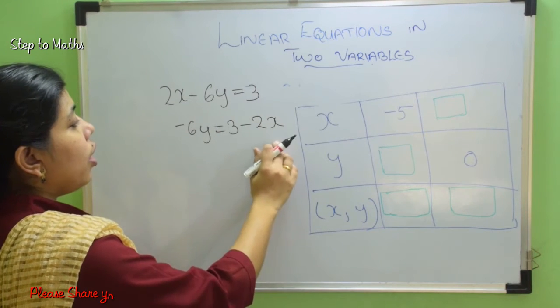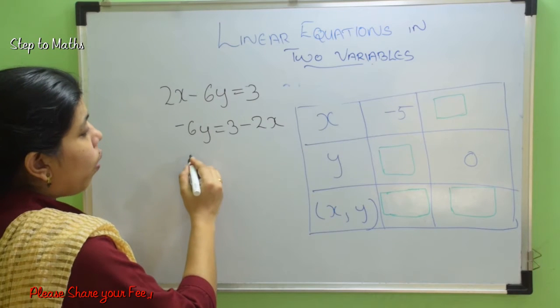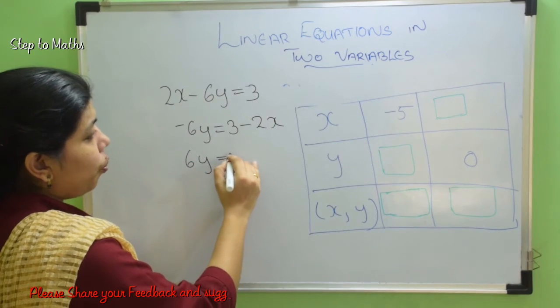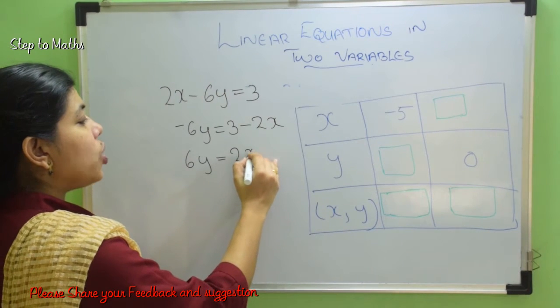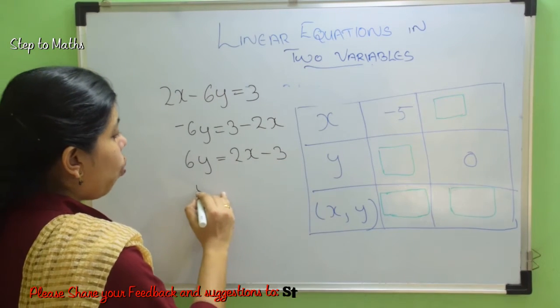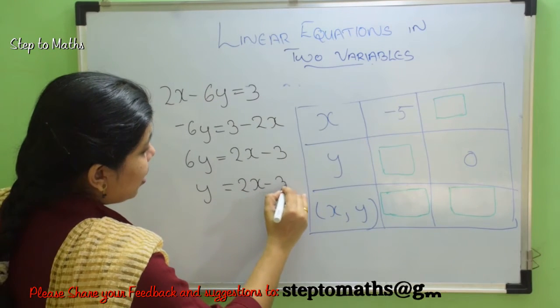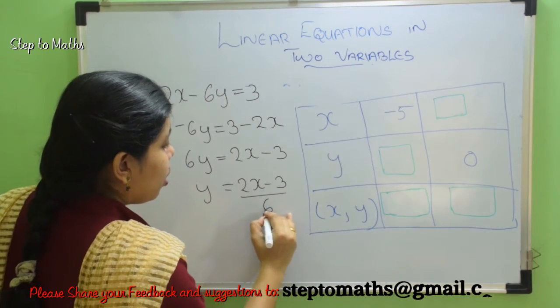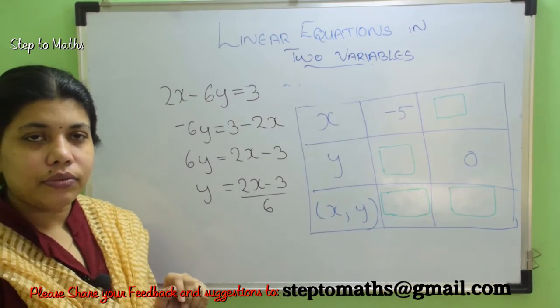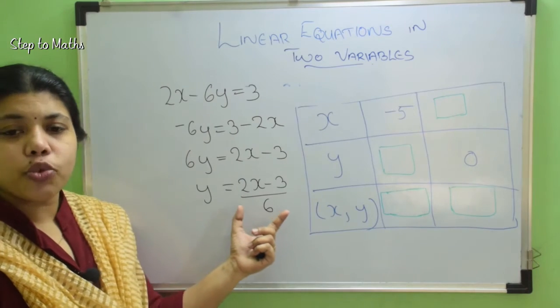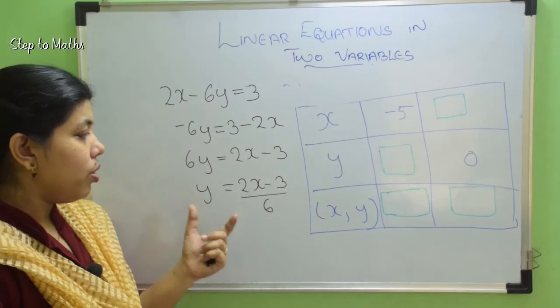If we multiply this equation throughout by minus, then it becomes 6y equal to 2x minus 3, or y equal to 2x minus 3 upon 6.